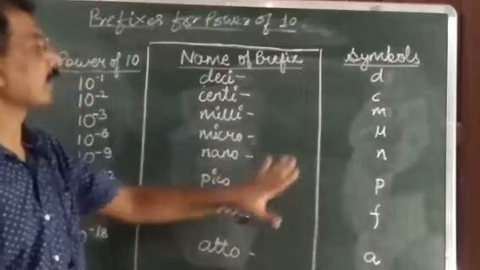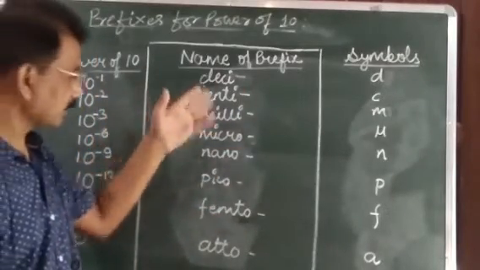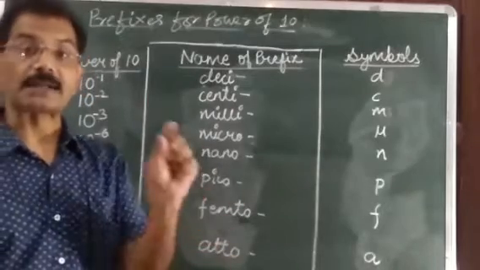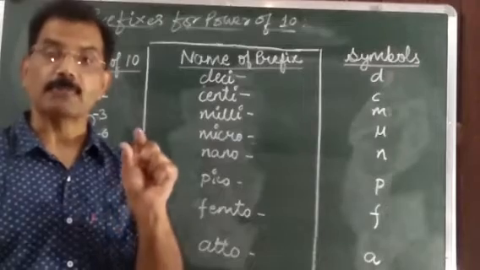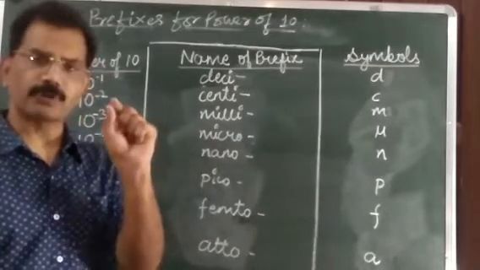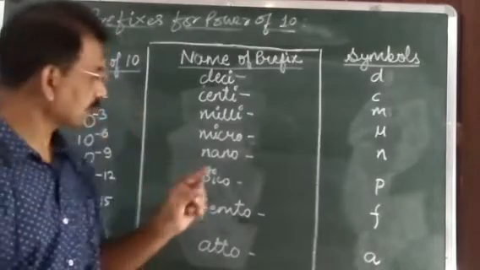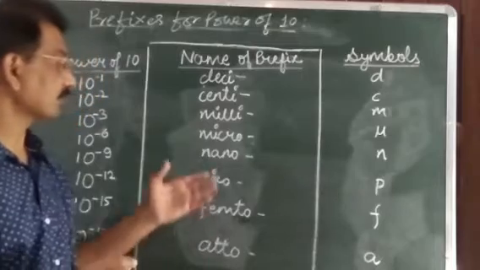All these are the smaller powers of 10, meaning smaller units, which are generally used, like this microchip. I hope all of you have heard the name microchip. So microchip means that chip in which a very small circuit is there. So all these circuits involved are very small, like this one here.